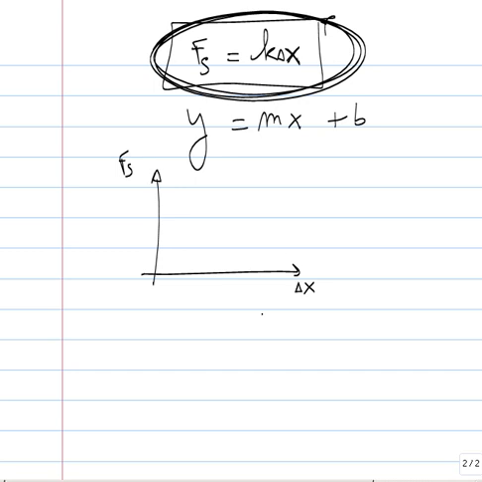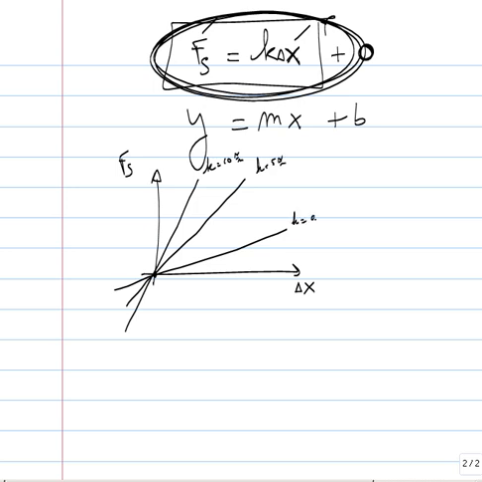And I know that if I plot this versus this, I'm going to get a straight line, one of whose points is at the origin, so that line must be going through the origin, and the slope will be representing my k value. So if I have a low k value, I have a low slope. If I have a higher k value, a higher slope. Even higher k, bigger slope. So this would be, say, k is equal to 10, k is equal to 5, k is equal to 0.5.